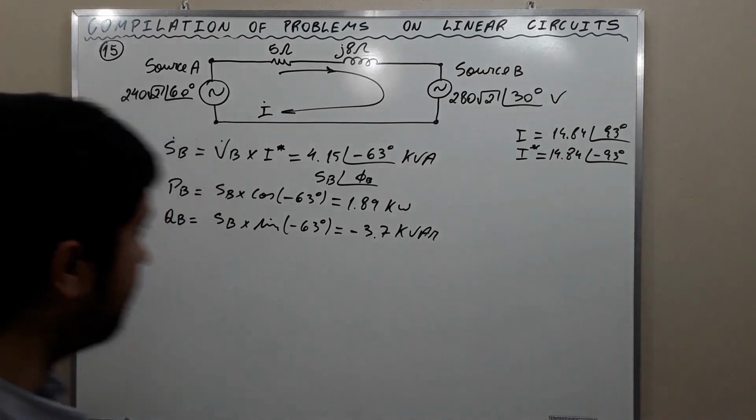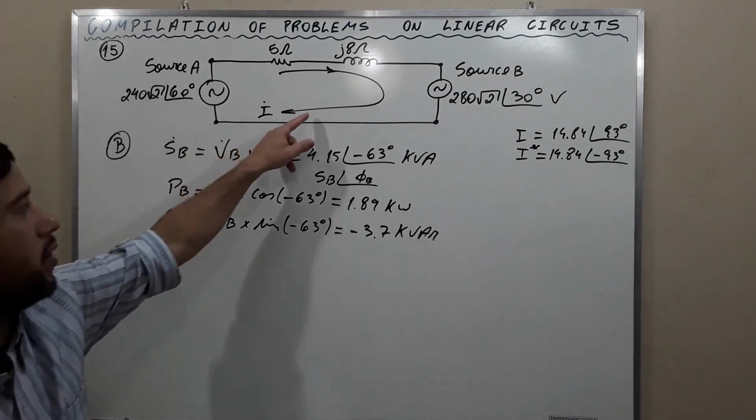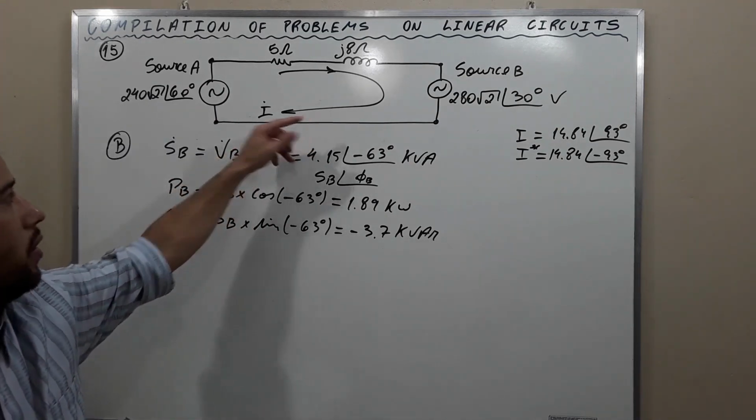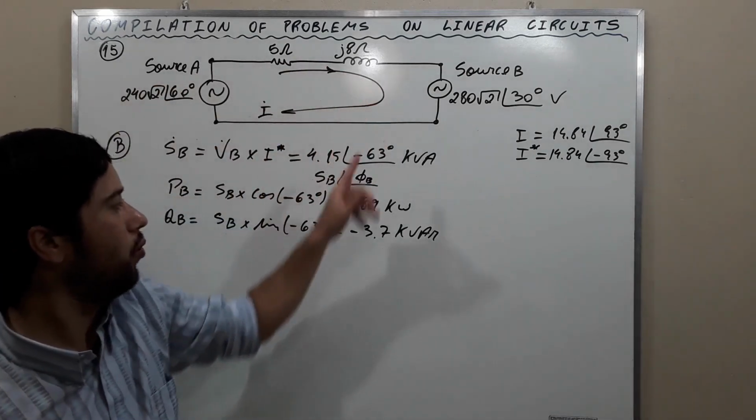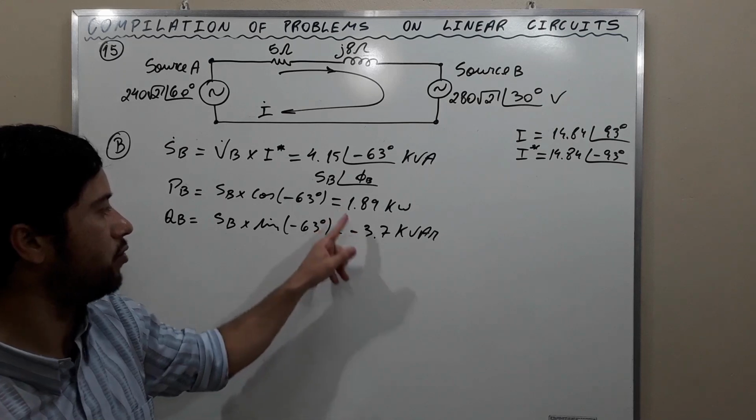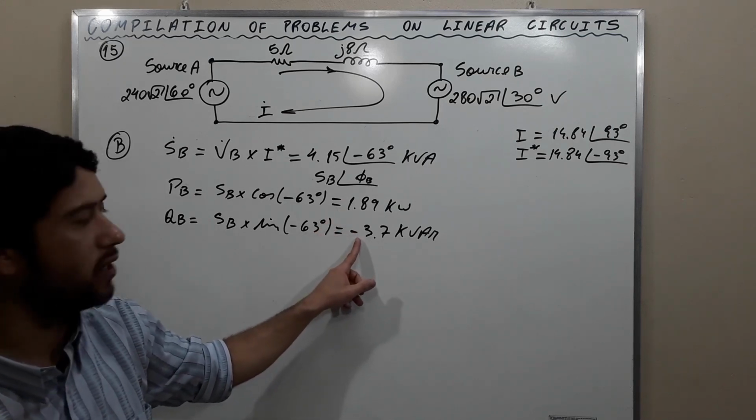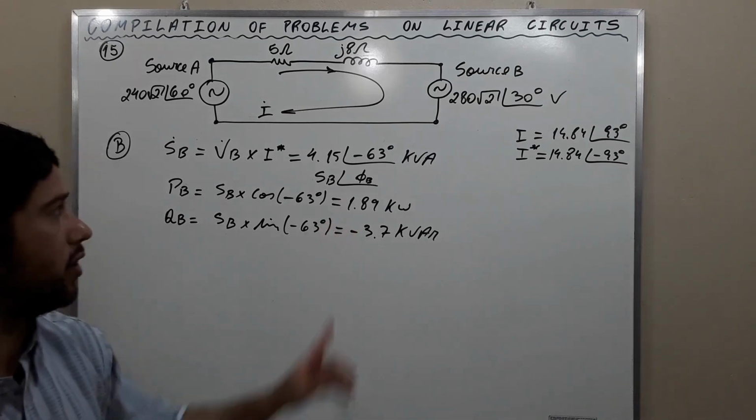Okay? This seems difficult because of the reference of the current. When we take the reference of the current from A to B, we have different values of positive and negative signs, different polarities here.